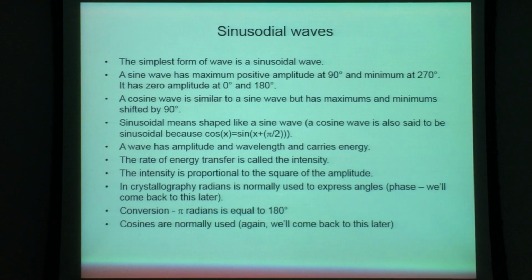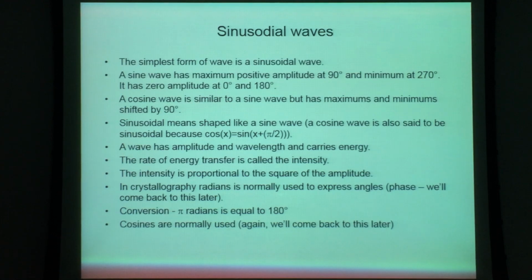The simplest form of wave is a sinusoidal wave. Sine wave has a maximum positive amplitude at 90 degrees and a minimum at 270. A cosine wave is very similar to a sine wave, but if you plot it, a sine wave has a maximum at 90 degrees, so sine wave is like that.